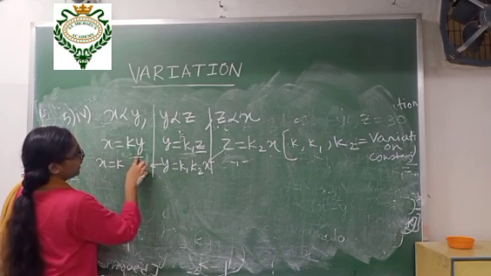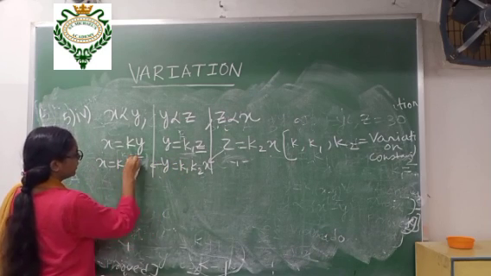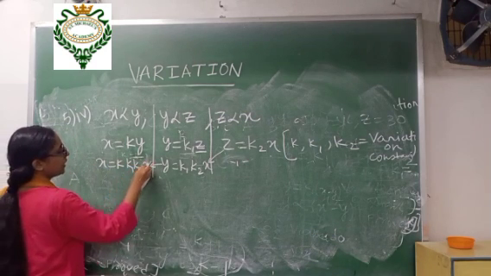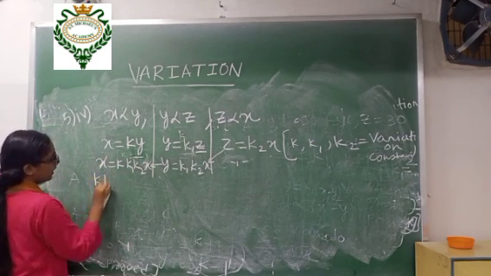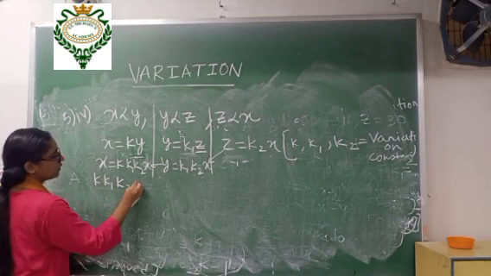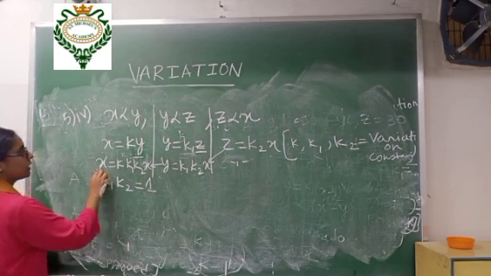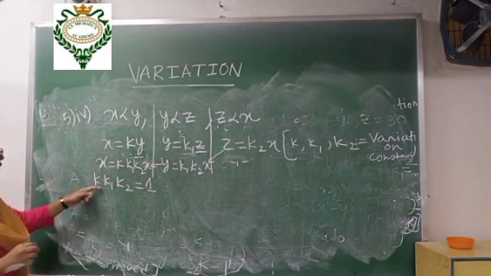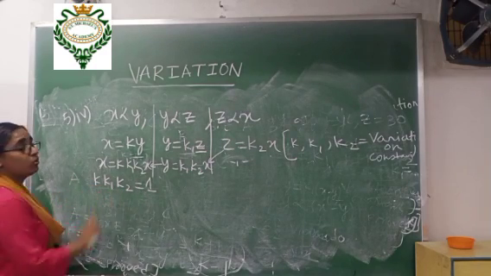So what is the value of y? K1 k2 x. Now you can see from both sides we can cancel x. So k, k1, k2, what is the relation? 1. If there is nothing, since we are cancelling this multiplication, it means 1. So k, k1, k2 equals a constant.